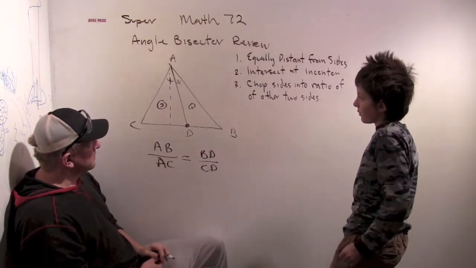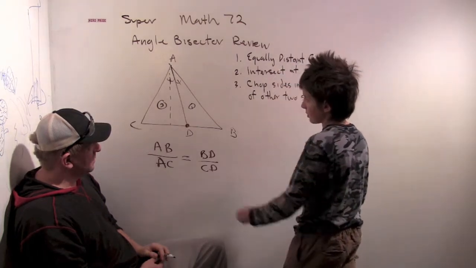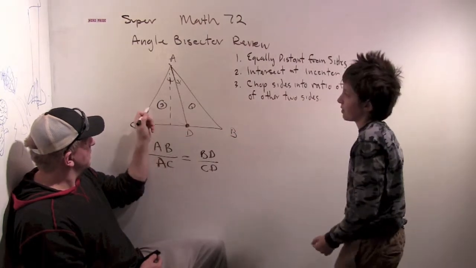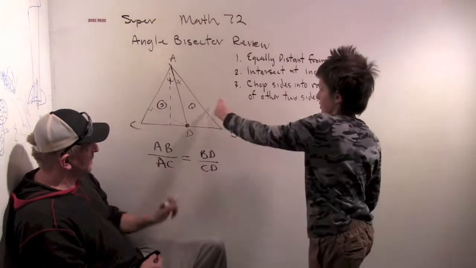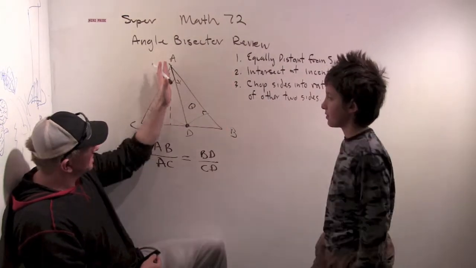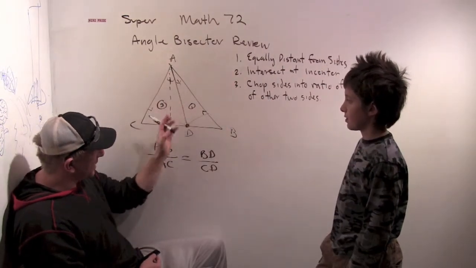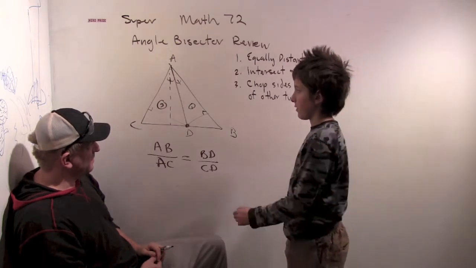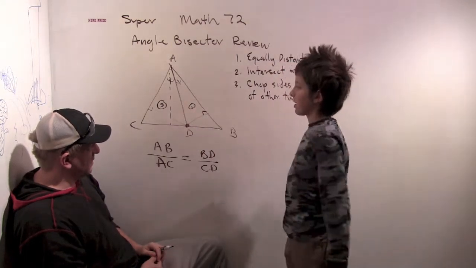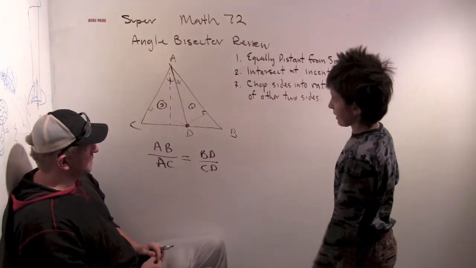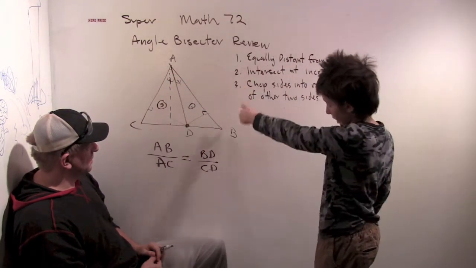So you can look at them differently. You can also say they have the base AC and this height coming out from D. Okay. And the heights are the same because this is an angle bisector. Because this is an angle bisector, that height and that height are the same. So when you look at the ratios of the areas, the heights cancel, and you're left with AB to AC.